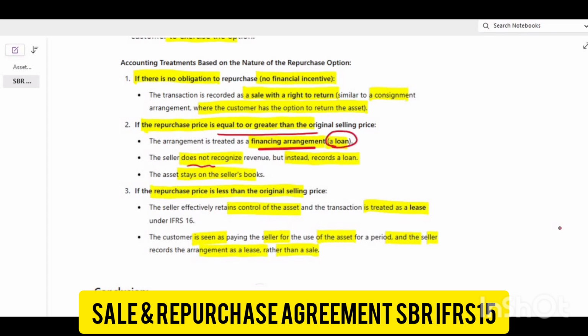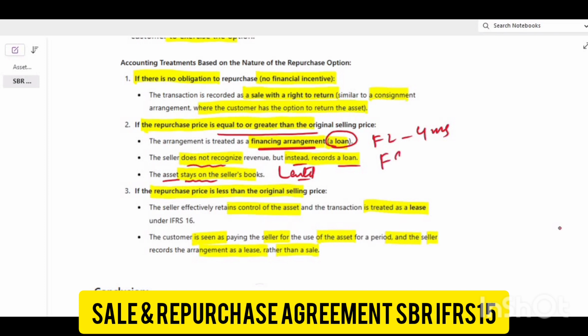You will not recognize sale revenue because this is not a sale. It will be your loan, and the asset stays in the seller's account. They will consider the amount they received as a loan, a financial liability, and the amount was 4 million, and you have to treat this accordingly. Clear?